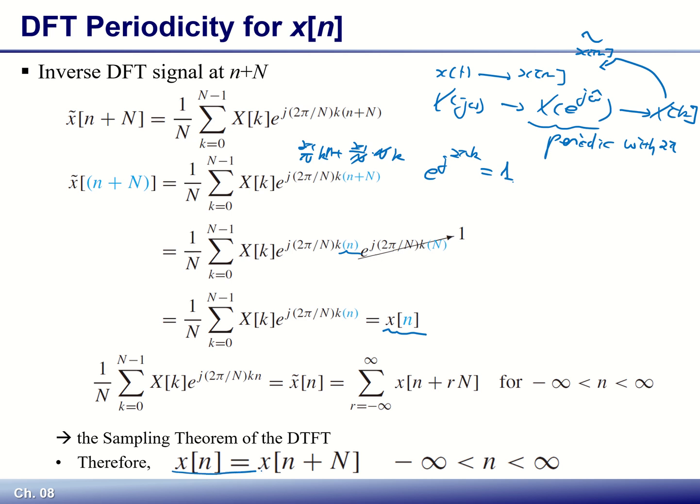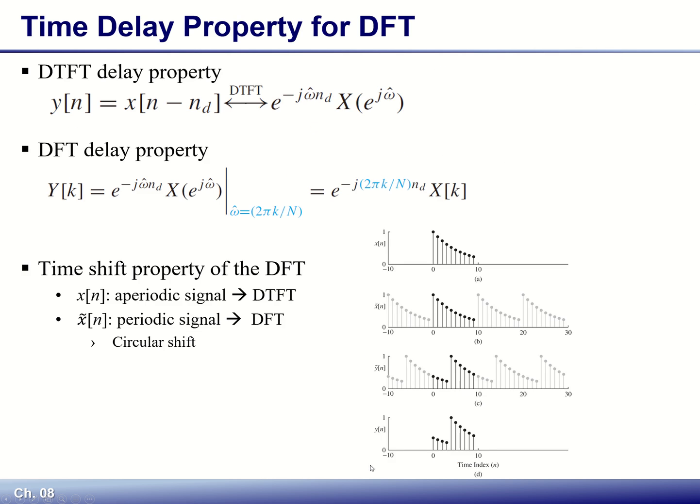Okay, let's consider an example. We know that the DTFT has a delay property as follows. If the time domain is delayed by n_d, then in the frequency domain there is multiplication by exponential of minus j omega hat n_d.